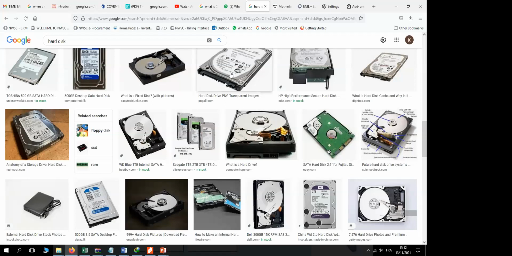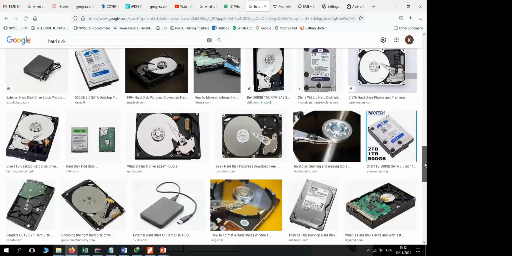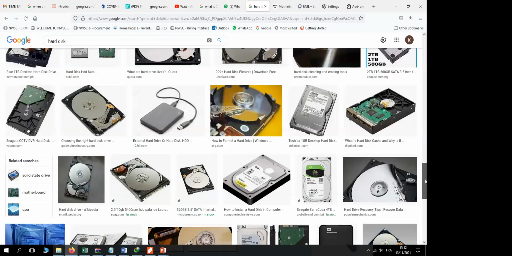Then where my cursor is right now, this is an external disk which you connect to the computer through the USB connection or USB interface. So I guess that by now we have a feel of how a physical hard disk looks like.